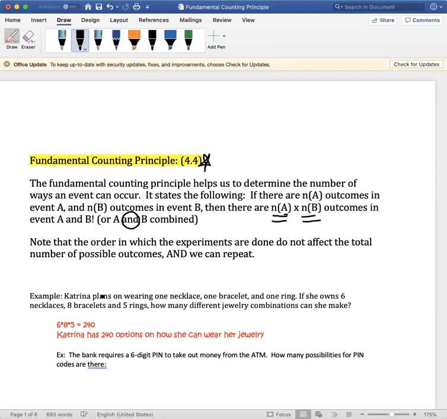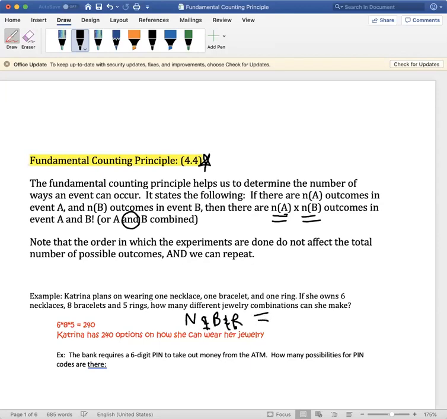So for an example, Katrina plans on wearing 1 necklace, 1 bracelet, and 1 ring. If she owns 6 necklaces, 8 bracelets, and 5 rings, how many different jewelry combinations can she make? Well, again, we're looking at the number of necklaces and bracelets and rings.